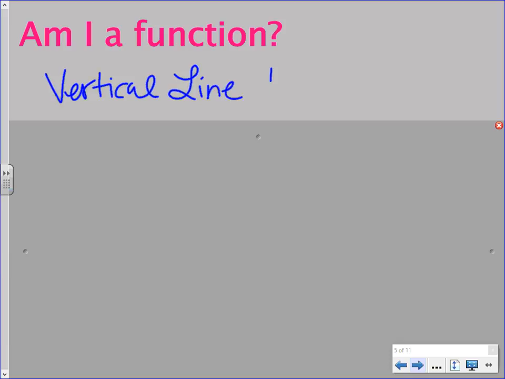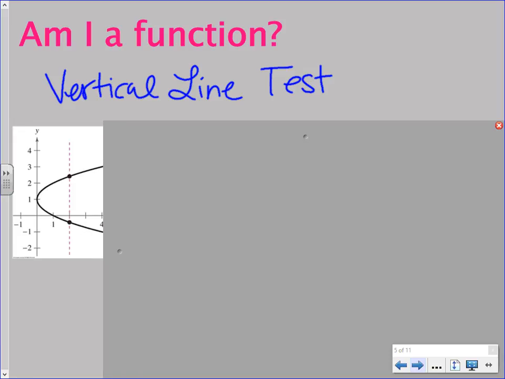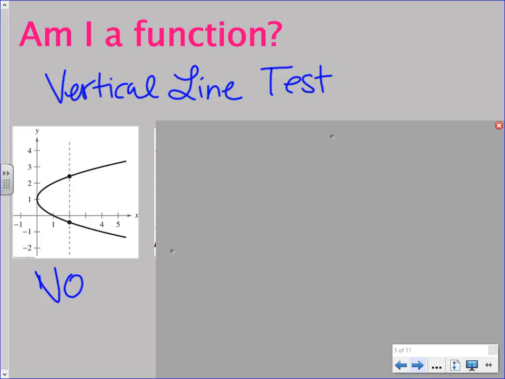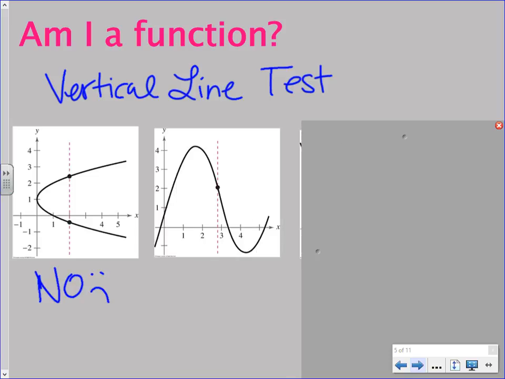Draw a vertical line, and if it hits it more than once, is it a function? No. Is this a function? No, because we have repeating x's, which doesn't pass the vertical line test. Not a function. Is this a function? Yes, because it passes the vertical line test.